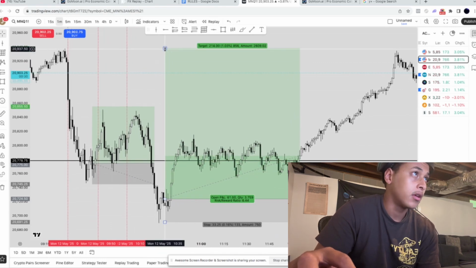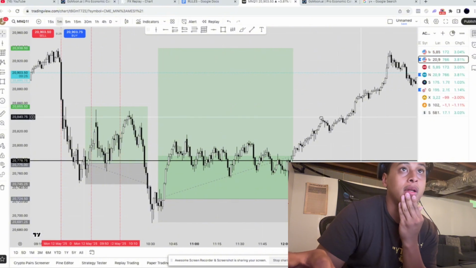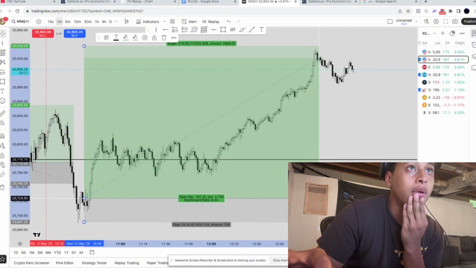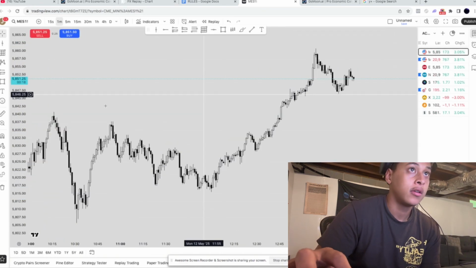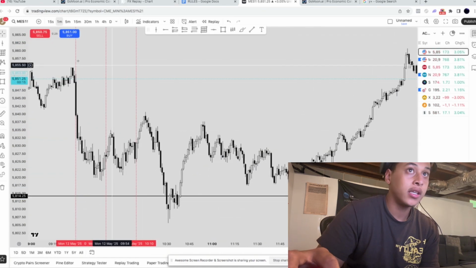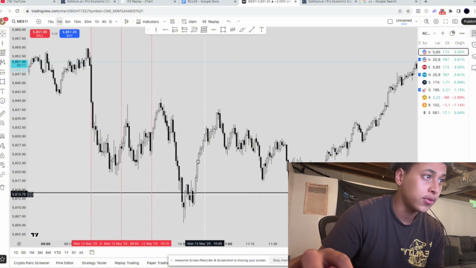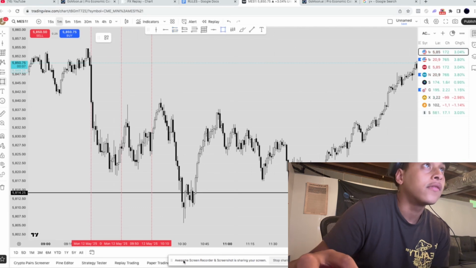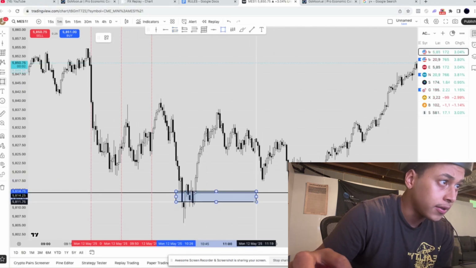But yeah, so right here, price is probably going to take this out too. Probably soon. I know it already took it out on ES, that's for sure. Yeah, ES already took out these highs. So on ES, the trade would have been wait for this sweep right here. ES was moving way better than NQ, honestly.